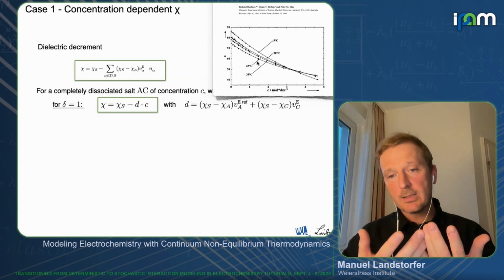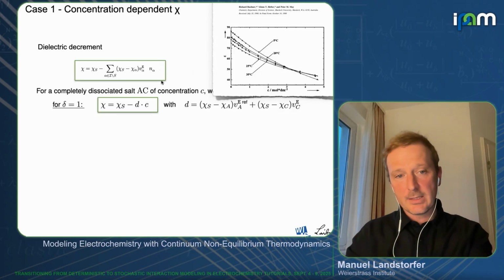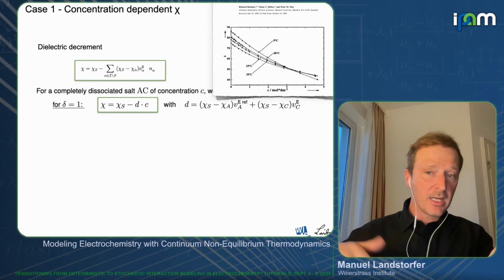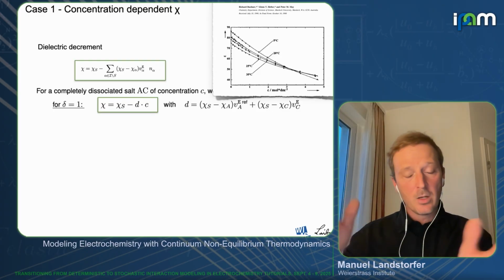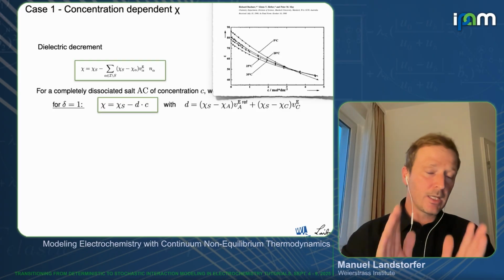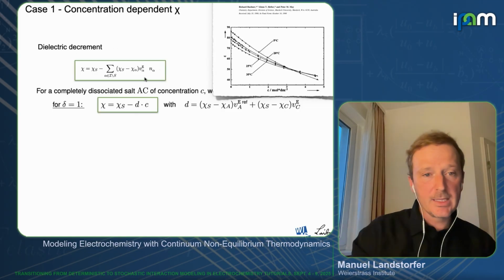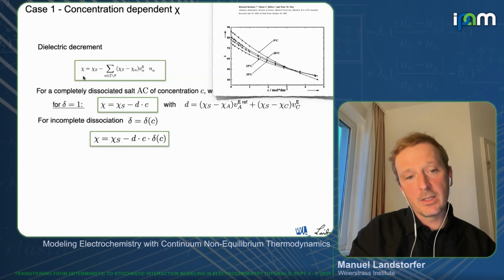And now we ask ourselves what is happening when we use the very same model to compute space charge layers and capacities with the model I just showed you. Just as yesterday, however, now with this more sophisticated model for dielectric decrement.